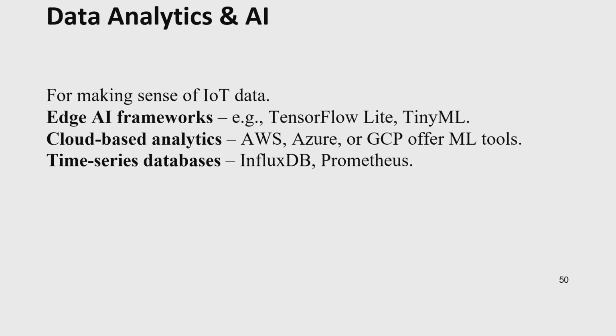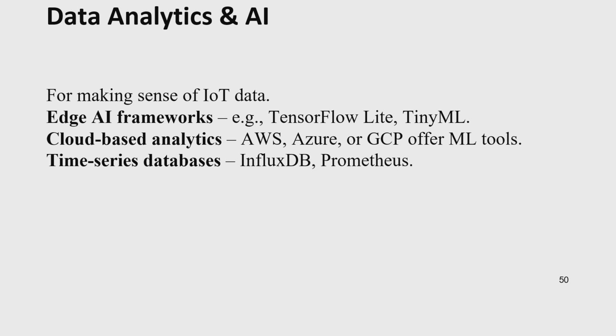So naturally the data analytics and AI we have already discussed, but they are very much an integral companion of IoT. We can use the data. If you get a lot of data through devices, then it can be analyzed by means of data analytics, and artificial intelligence can also take proper decisions. For making sense of IoT data, because you are taking a lot of IoT data, you need data analytics and AI.